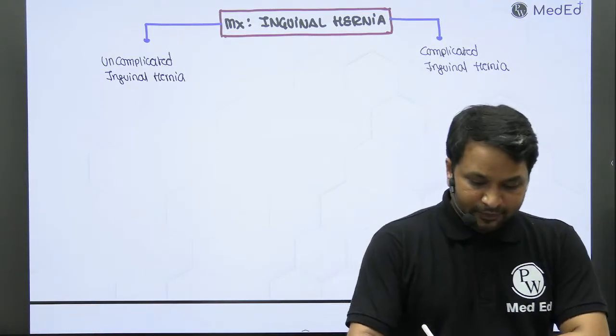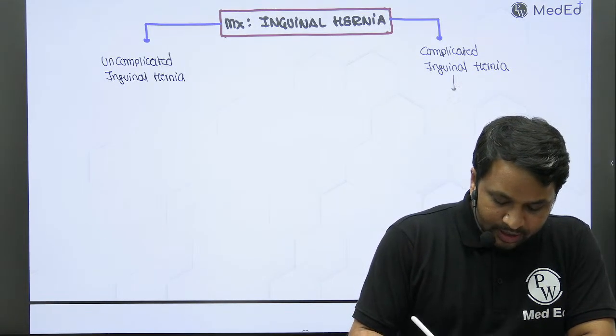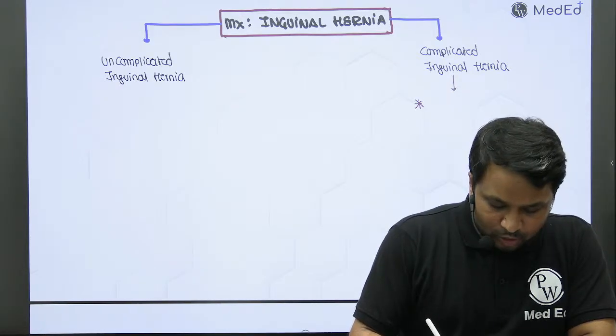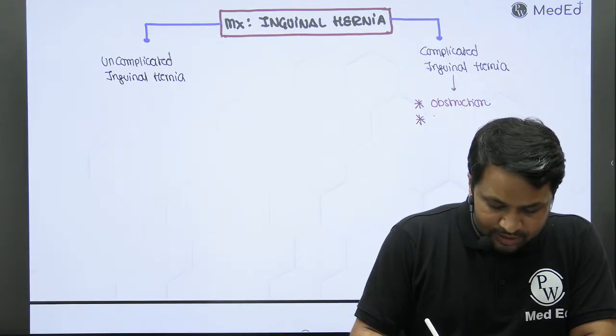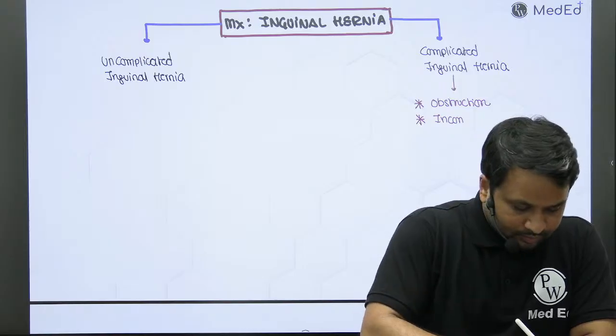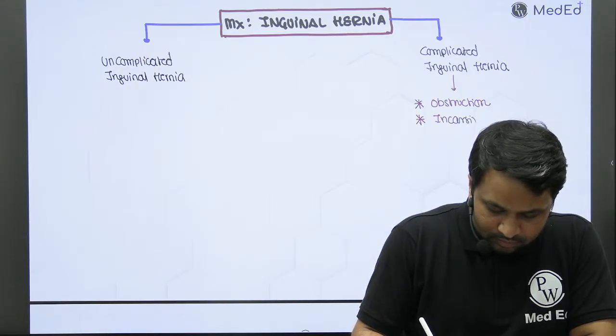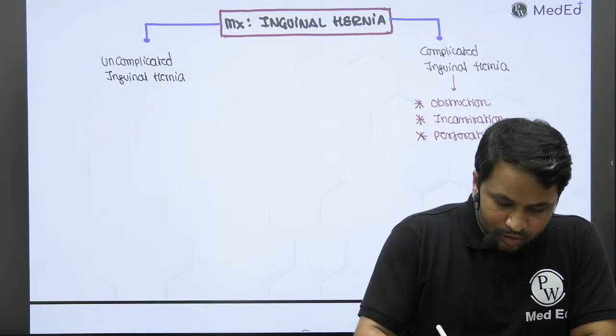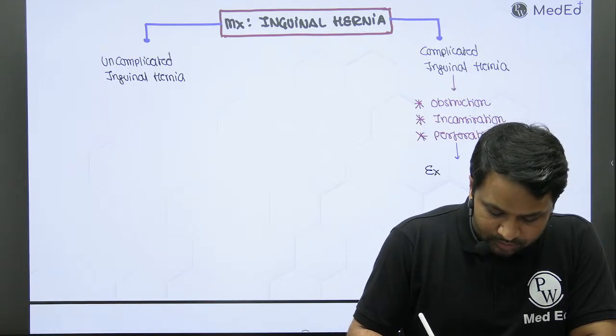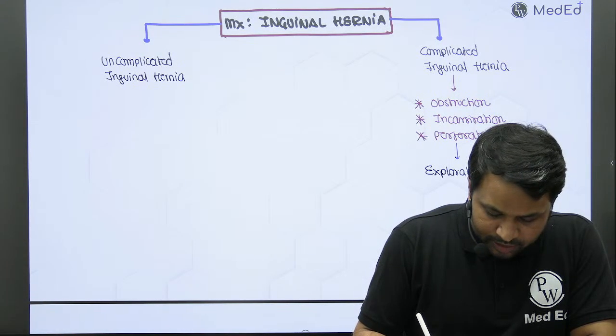Now, if any of the complications is present, for example, if there is obstruction, if there is incarceration, if there is perforation, any of this, what you have to do is take the patient for exploratory laparotomy.